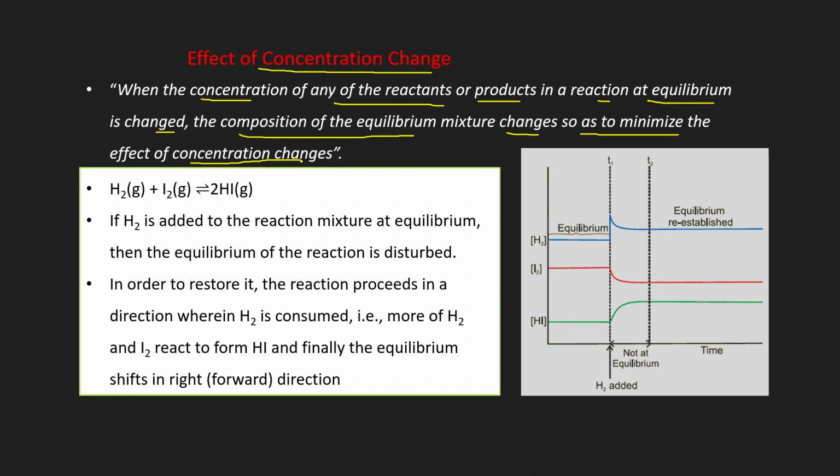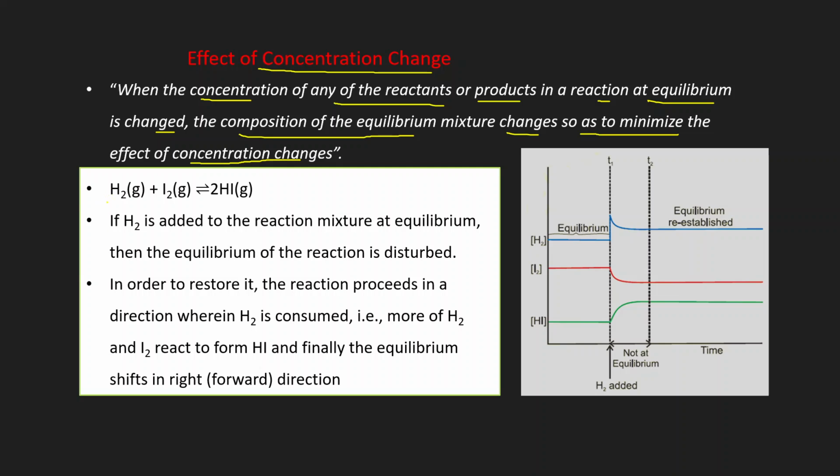In a very simple way, if we increase the concentration of reactants, then the reaction will proceed in the forward direction to decrease the concentration of reactant. And if we increase the concentration of products, then the reaction will go in the reverse direction to decrease the concentration of product, as per Le Chatelier's principle. Okay, we'll discuss some examples.